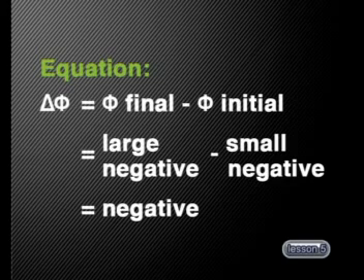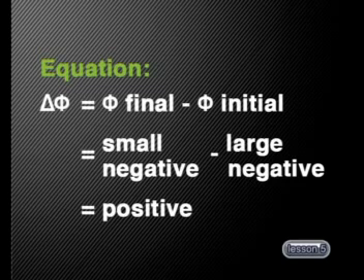So the change in magnetic flux is negative. However, the induced current opposes this negative change and has a positive value, as you can see from the equation and as we have seen when doing the experiment.